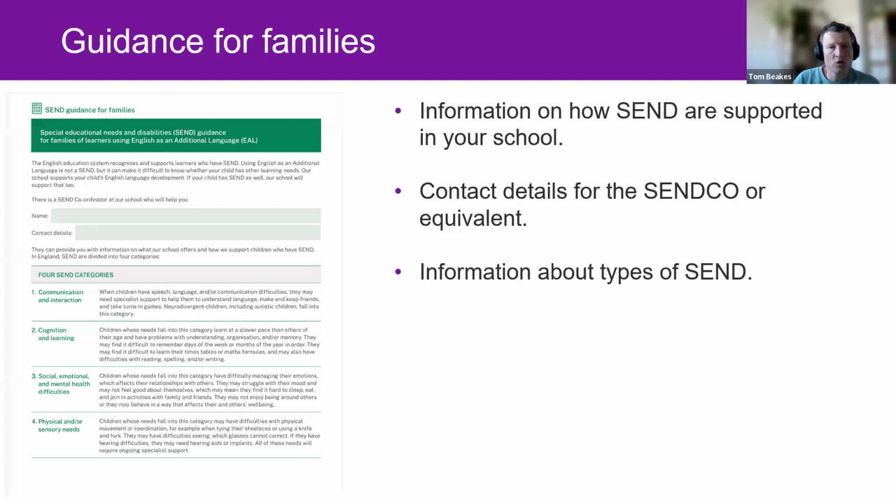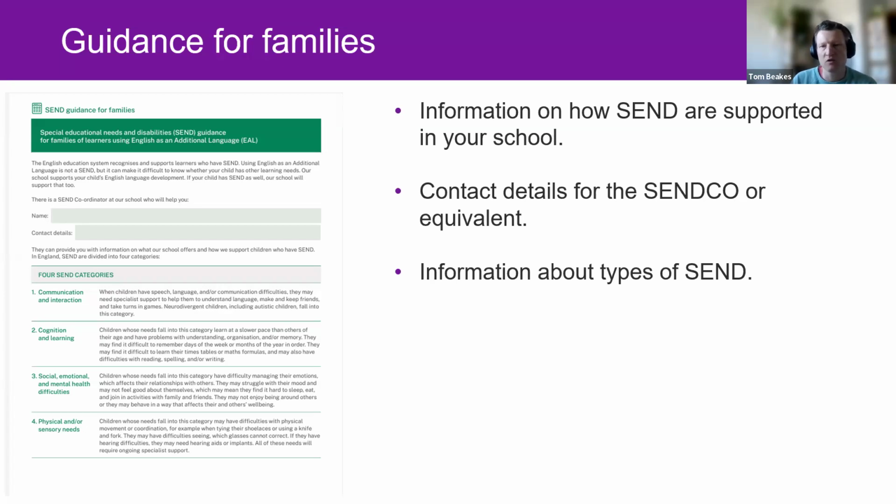An important one is information about the different types of SEND. So in the UK, for example, these are often divided into communication and interaction, cognition and learning, social, emotional, and mental health difficulties, and physical or sensory needs.